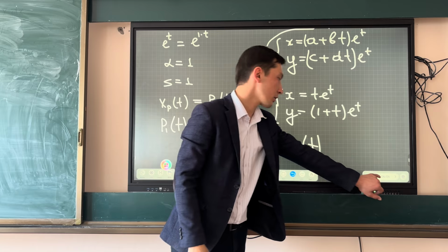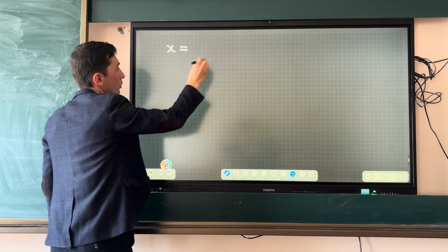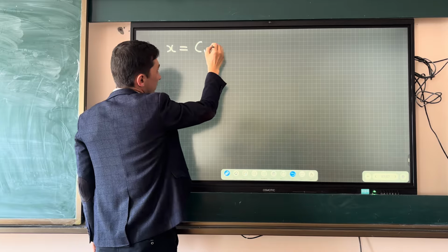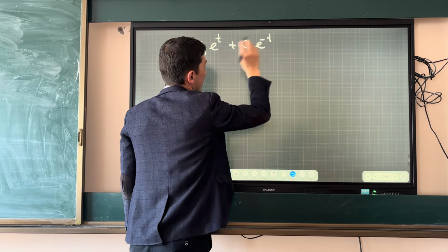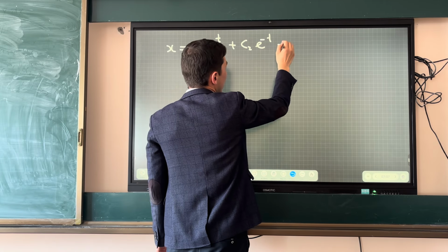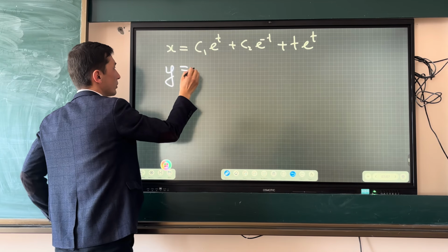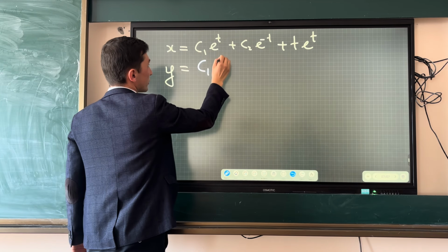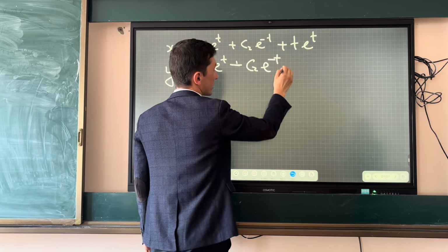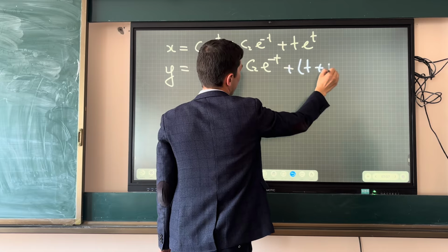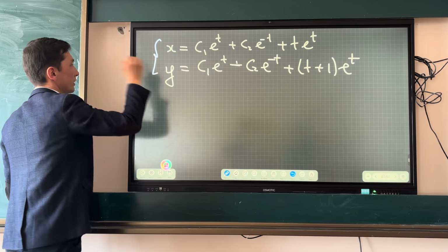So here we find x equals c1 e to the power of t plus c2 e to the power of minus t plus t e to the power of t, and y equals c1 e to the power of t minus c2 e to the power of minus t plus (t plus 1) e to the power of t. This is the solution.